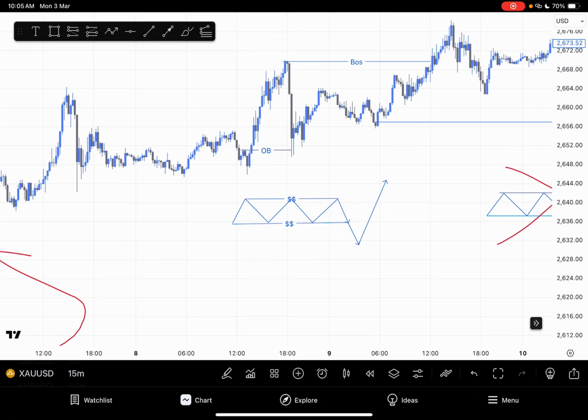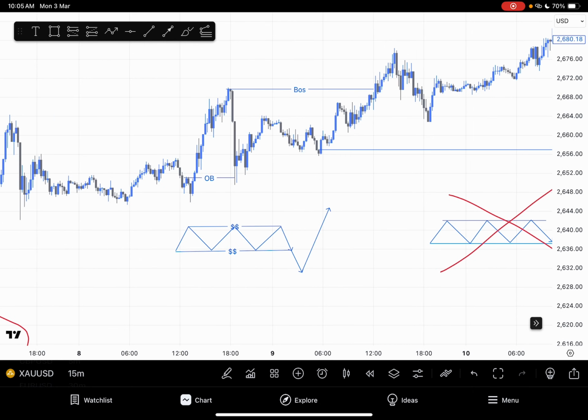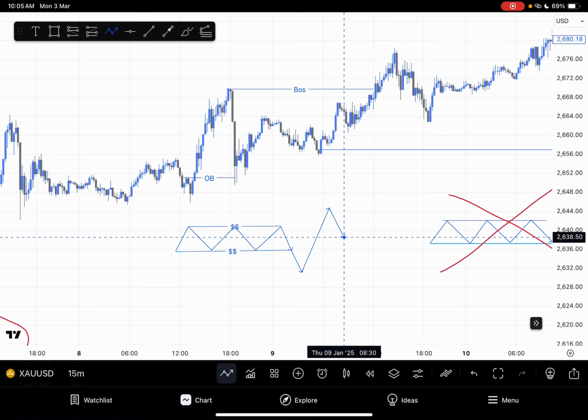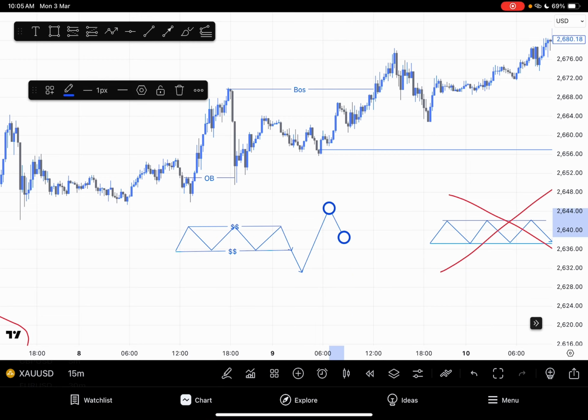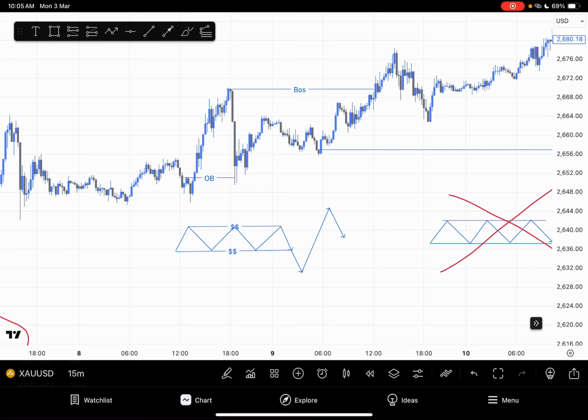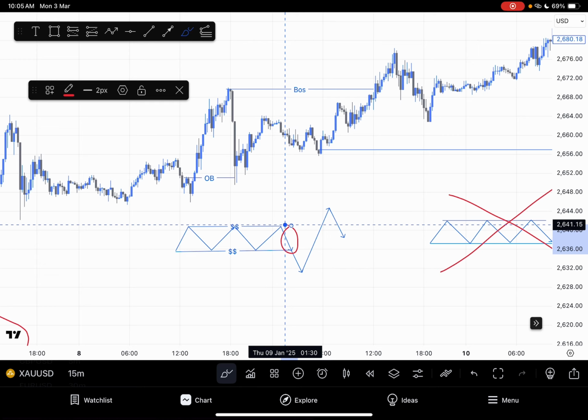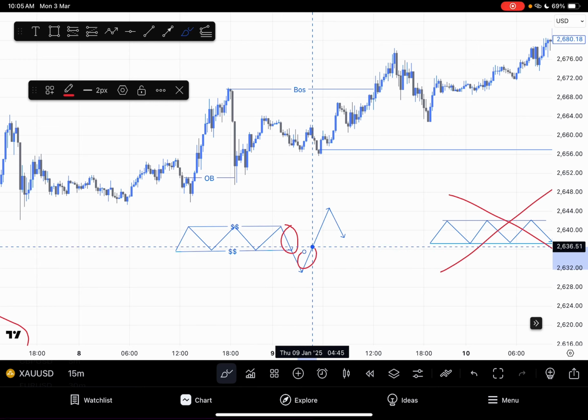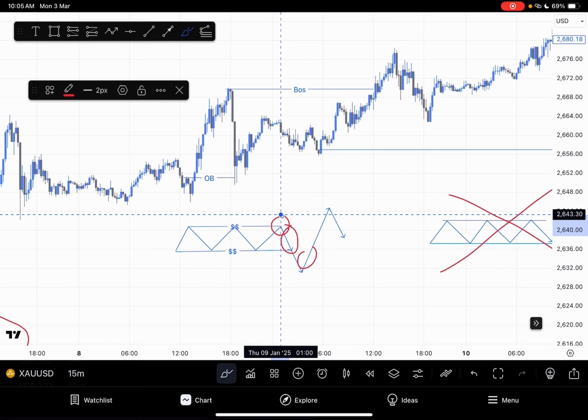Okay, for this pattern now, you see after the pullback, after price has cleared out the sell side liquidity, you see the reversal. Then now you see price retest from here. And from this point of retest, you must always watch out. There must always be an order block or a breaker block. It must always be either a breaker block at this area or an order block at this point, or you can also see a breaker block at that high.